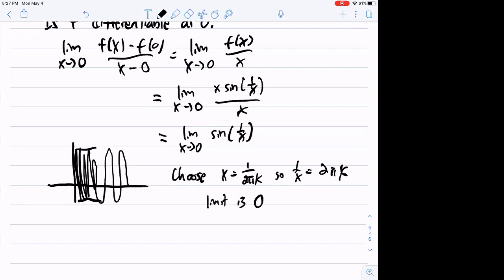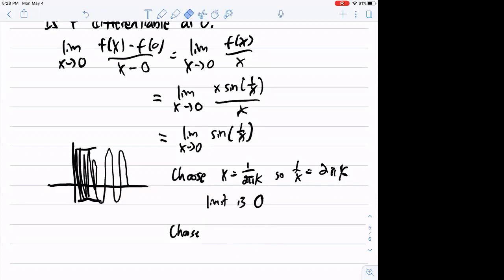Because sine of any multiple of pi is 0. But you could also choose x like pi over 2 plus pi k. Actually, let me think.